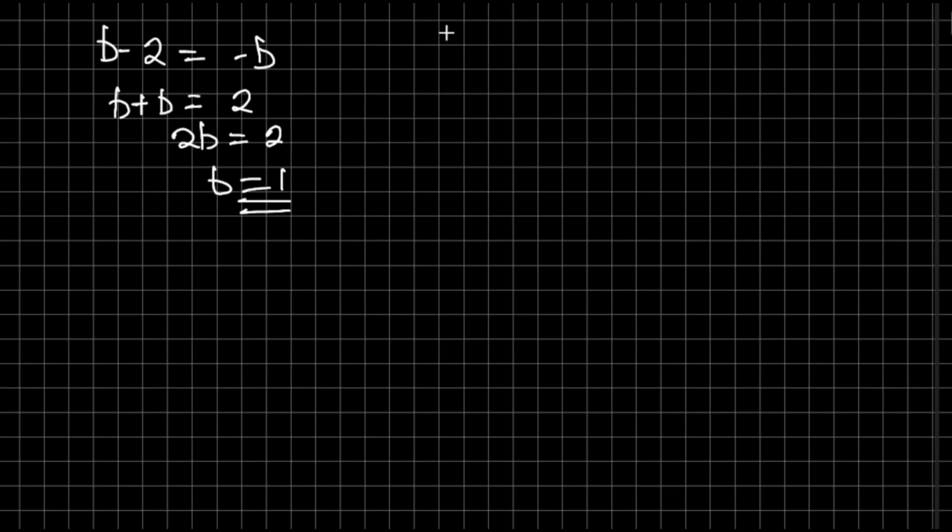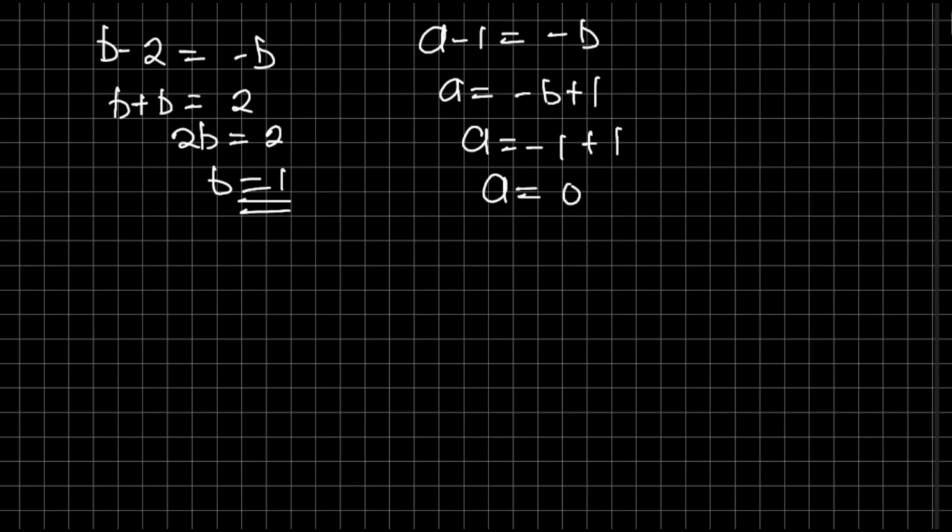Okay, and we have a minus 1 equals minus b, so a equals minus b plus 1, so a equals minus 1 plus 1, so a equals 0. Therefore we have a equals 0, b equals 1, c equals 0. Okay, so this is how you go.